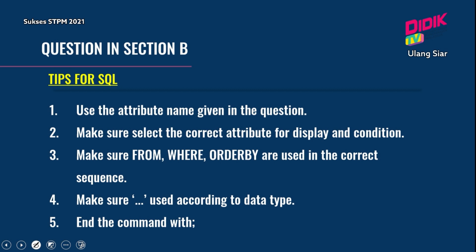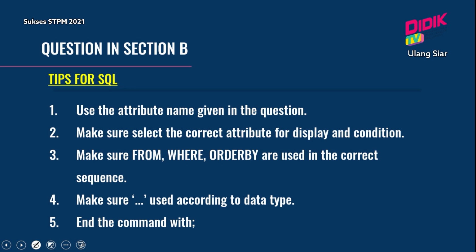Number 3, make sure when you write the code, from, where, order by are used in the correct sequence. Meaning you write from first, followed by where, and then followed by order by. If you change the order, it will be a syntax error.